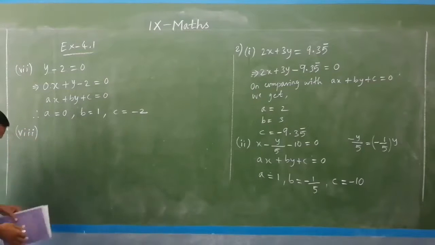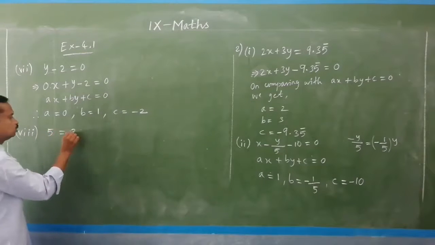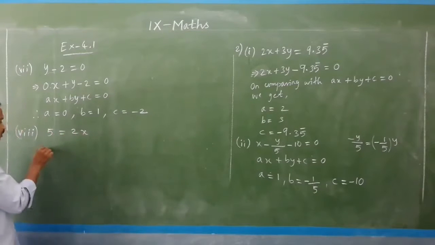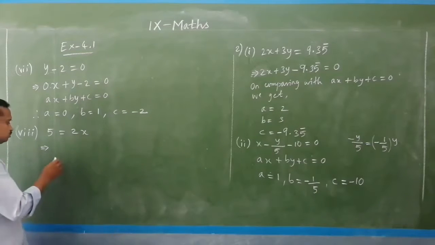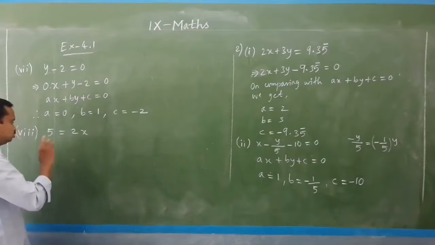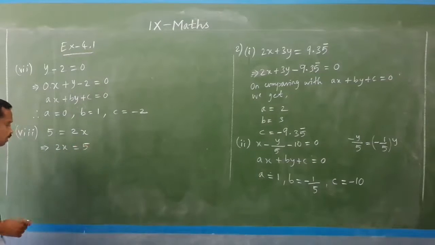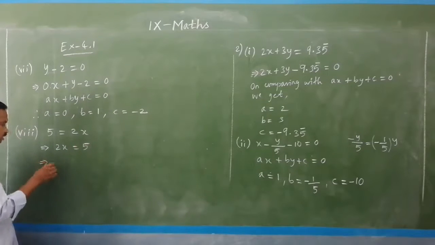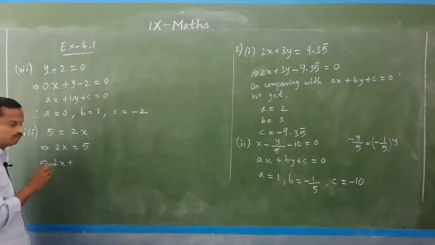And then option 8. The remaining options you have to take as homework. 5 equal to 2x. So, we have to write this in general form. First of all, 2x is on the right side. So, you just write 2x equal to 5, both are the same, and now this implies 2x, the y term is missing because only one variable is there.